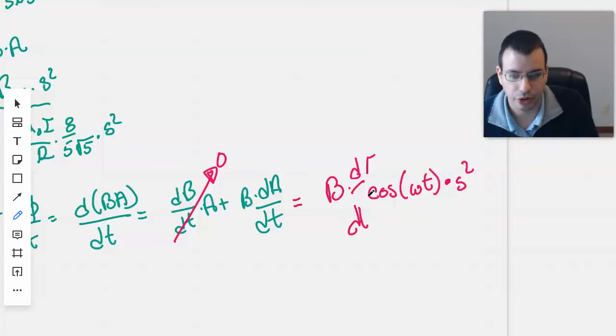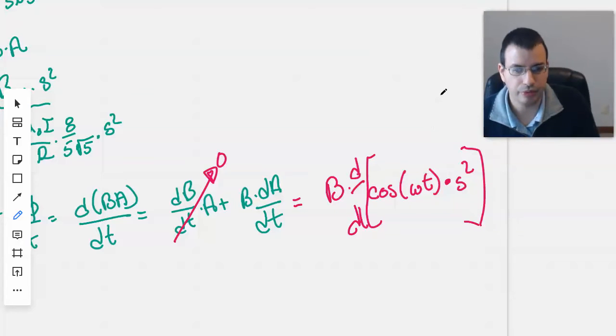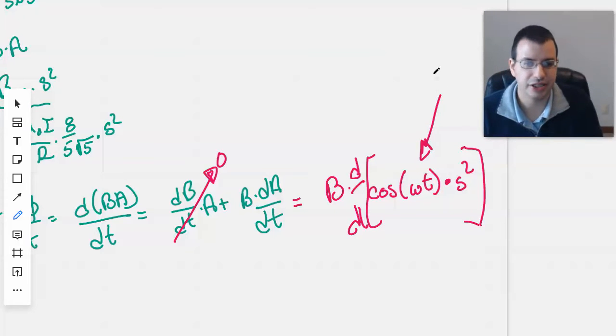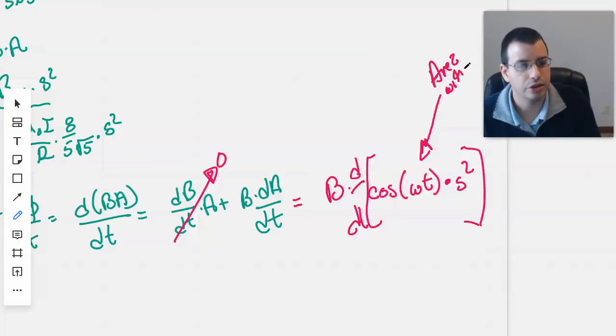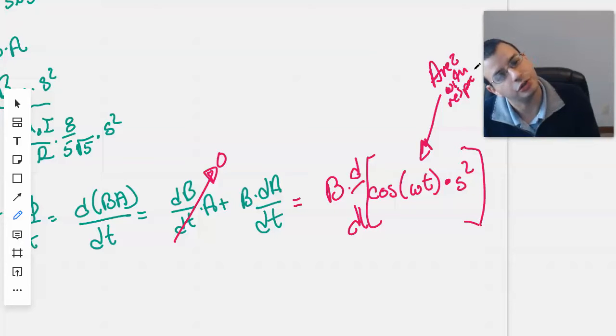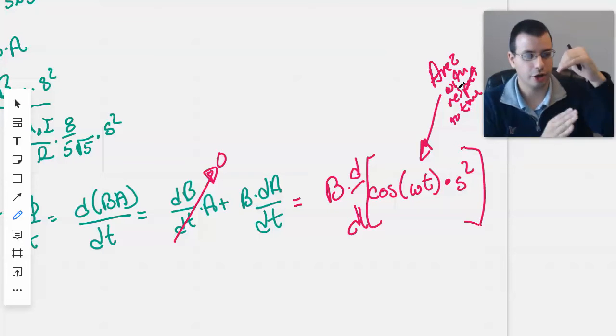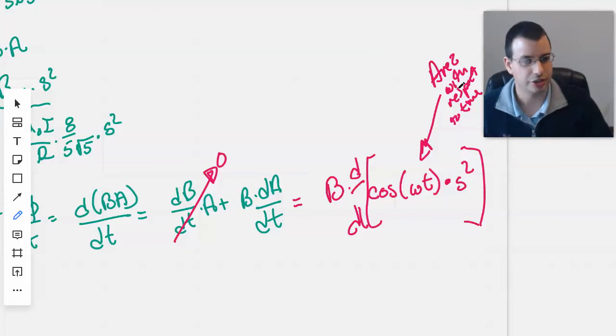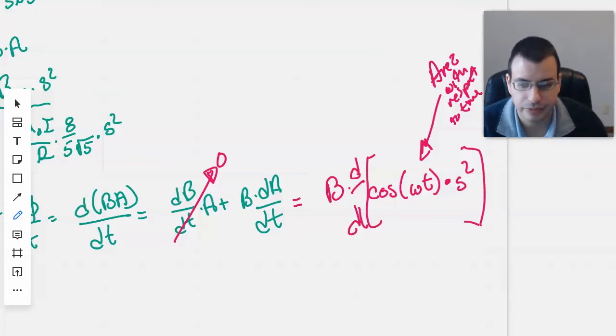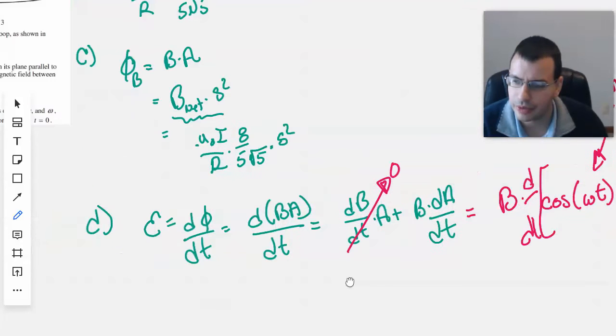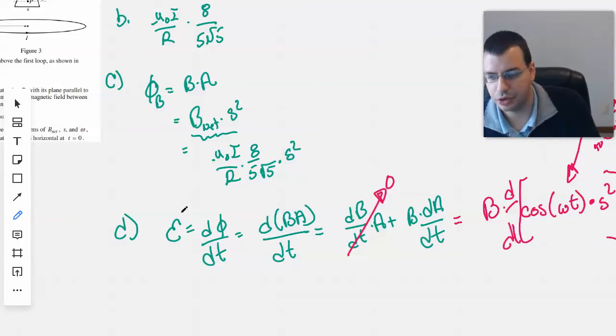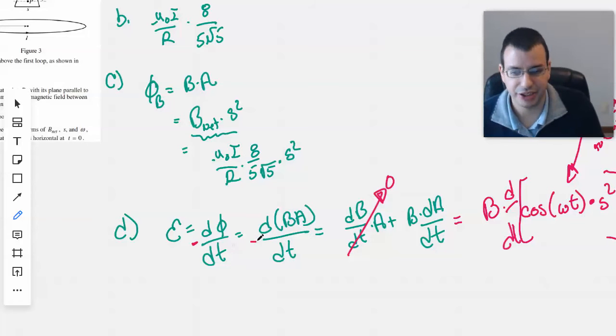So this is area with respect to time. As time goes on, that cosine is going to take into account the rotation. Ooh, I forgot one thing. I was wrong about this. It's supposed to be negative d flux dt.